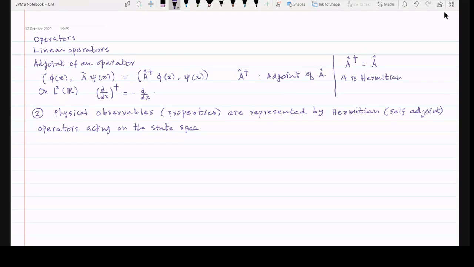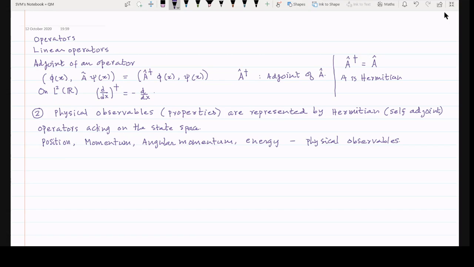Physical observables like position, momentum, angular momentum, energy. These are our physical observables. So all these physical observables are represented by Hermitian operators.